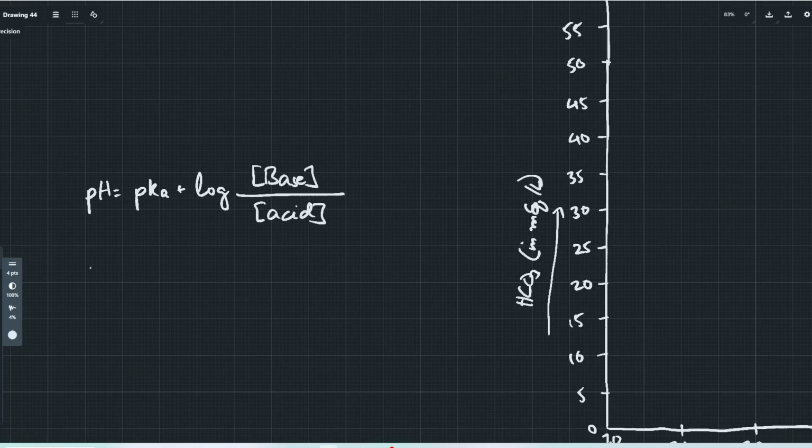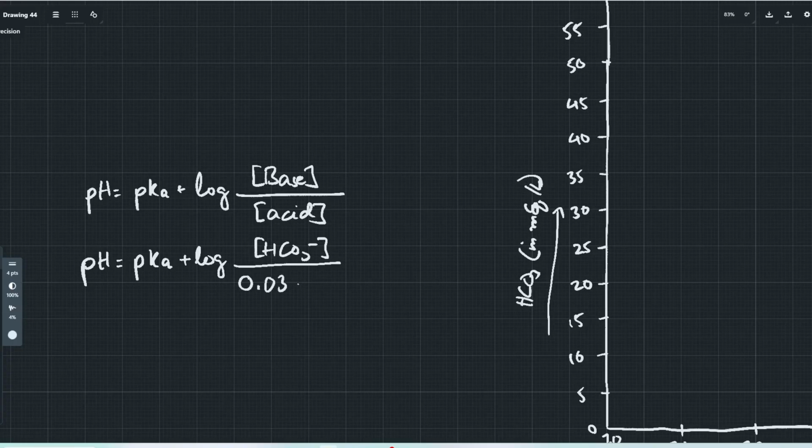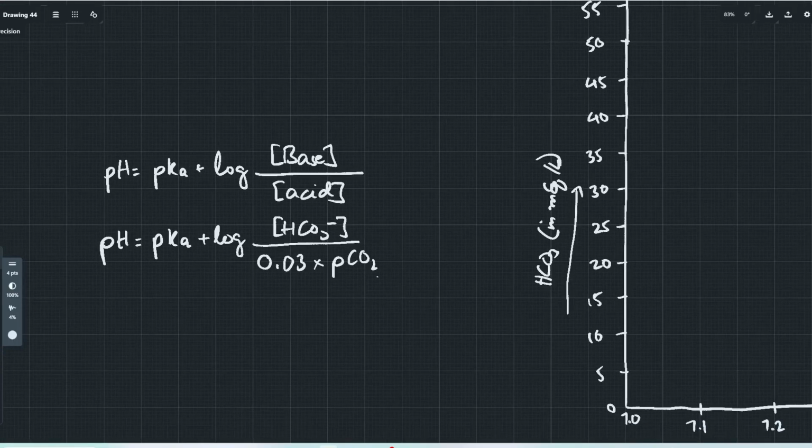Now in the case of the major buffer of our blood, which is the bicarbonate buffer, the base is HCO3 negative, and the acid is H2CO3, but we can replace it with 0.03, which is the solubility coefficient of CO2, times PCO2. We have discussed these things in previous lectures, so I'm not repeating those details. I am speeding up a bit here, but I hope you can understand these things.